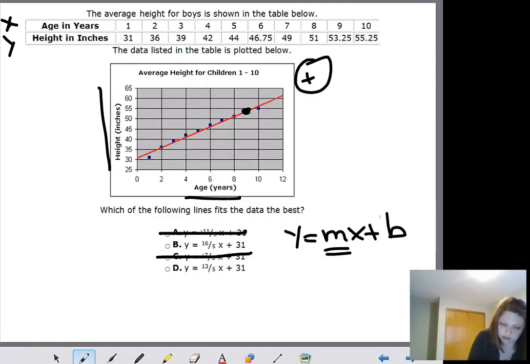So from 37 all the way up to 53, 54 maybe, will be maybe 16, and then from 2 to 9 will be 16/5. So if you can draw and count correctly how many rises we have from here to here and how many runs, then you probably will see that the best choice here will be 16 over 5x plus 31.